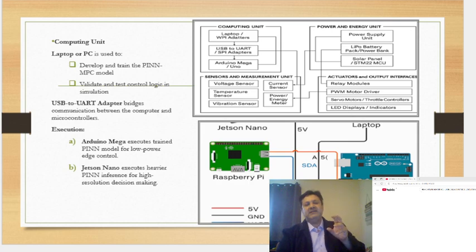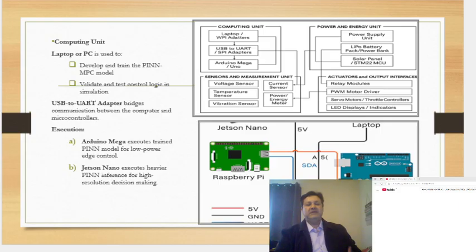Then the next is the Jetson Nano, which executes heavier PINN inference for high resolution decision making. We will talk about this high resolution system later on.